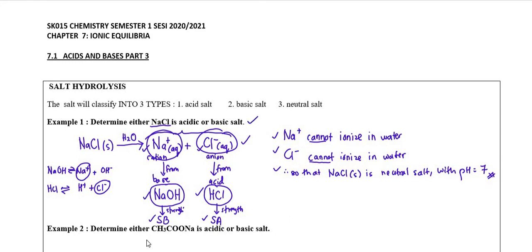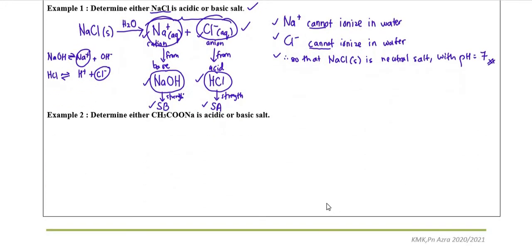Okay, look at question number 2. Okay, determine sodium ethanoate is acidic or basic salt. First of all, you have to dissociate your salt.